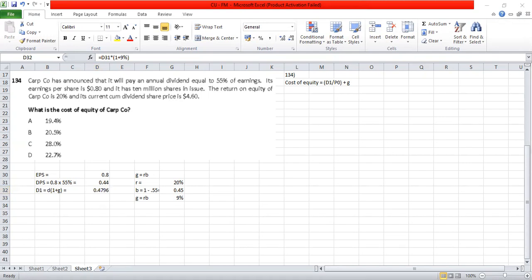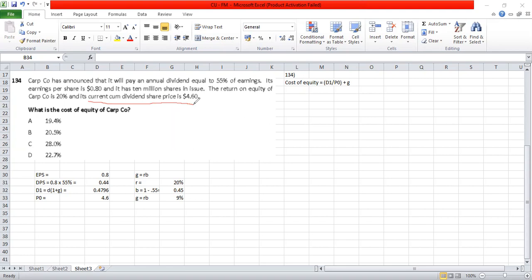P0 is equal to, the current cum-dividend price.